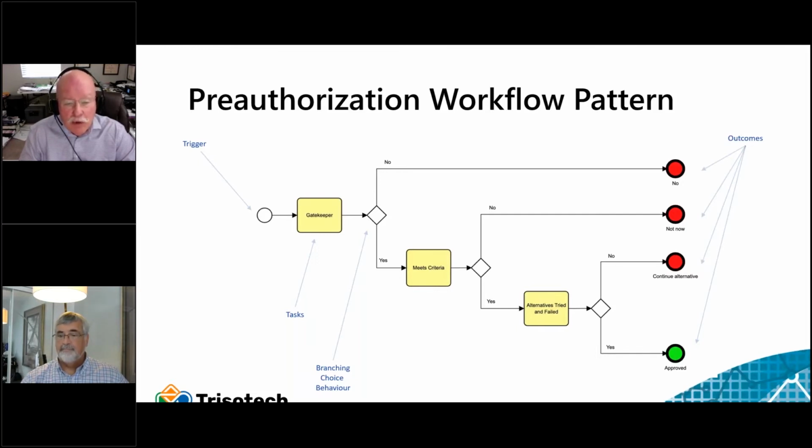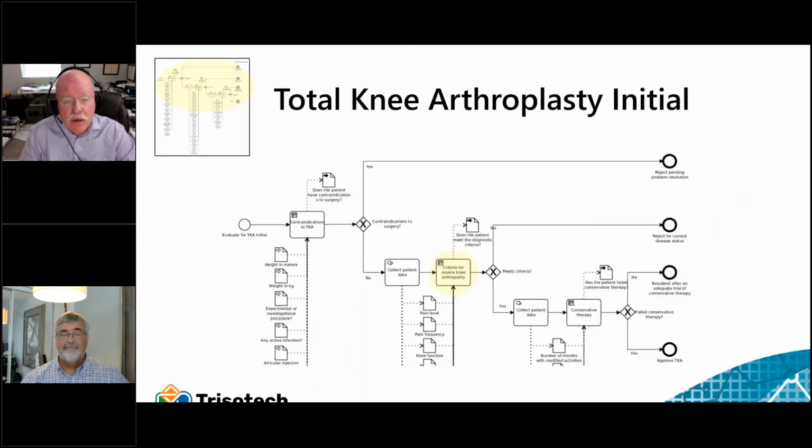This whole sequence is a process that's modeled in BPMN. The yellow decisions are decisions, and they are modeled in DMN. And if we get the next slide, please. This outlines a model to do the textual description for the initial total knee arthroplasty. The little insert to the left shows the entire model.